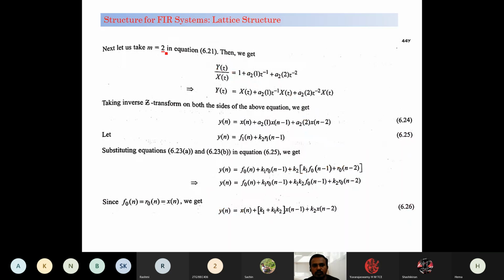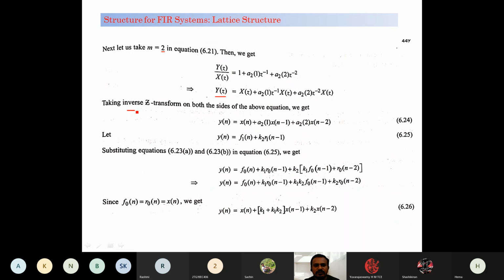So m is 2 now, therefore it is a2 of 1 z inverse plus a2 of 2 z to the power minus 2. So if you go for only the output, Y of z is X of z plus a2 of 1 into X of z z inverse plus a2 of 2 into X of z into z to the power minus 2.